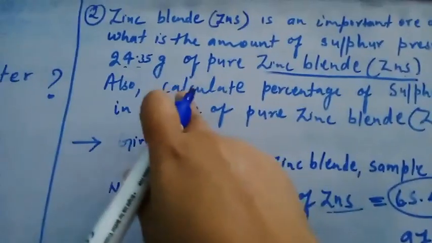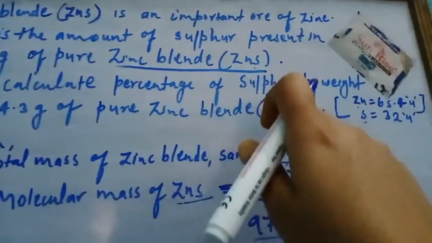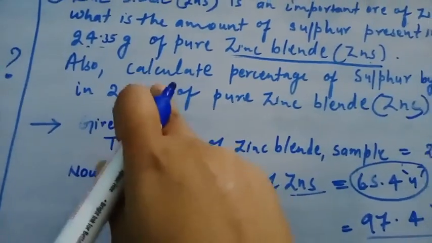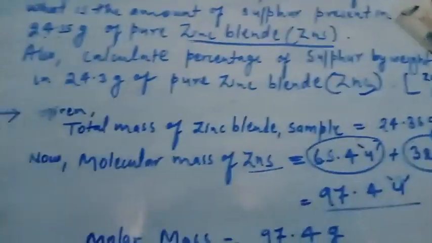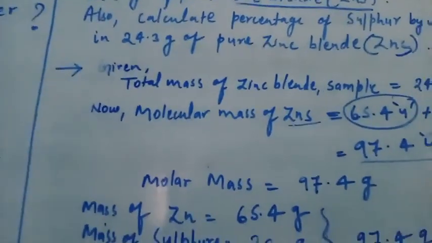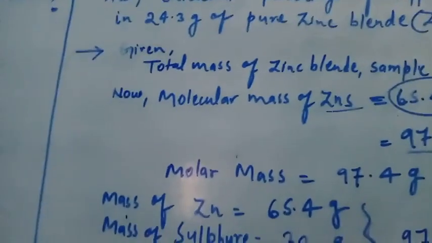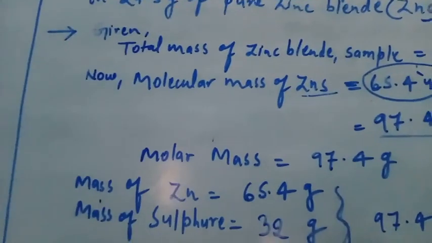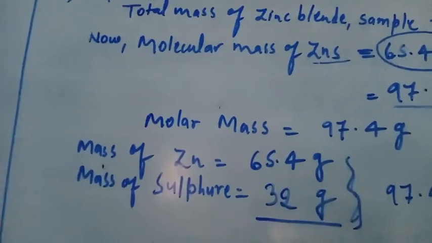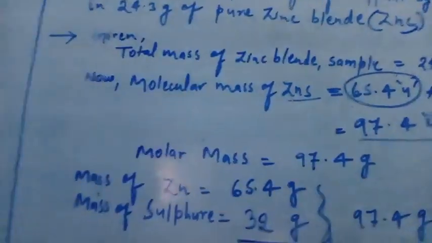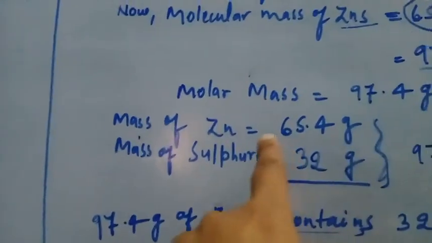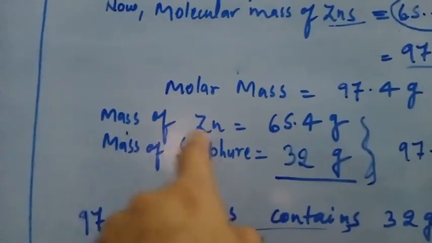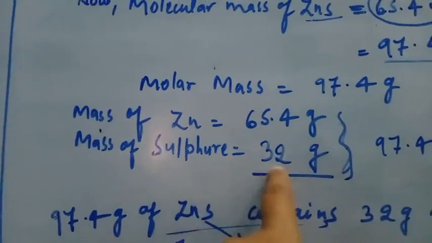Now again it is asking to calculate the percentage of sulfur by weight in 24.3 gram of pure zinc blende. The percentage will be the same if you use either of the formulas. You can calculate the percentage by just the molecular formula also, using the molecular formula and the mass of sulfur, that is 32 gram.